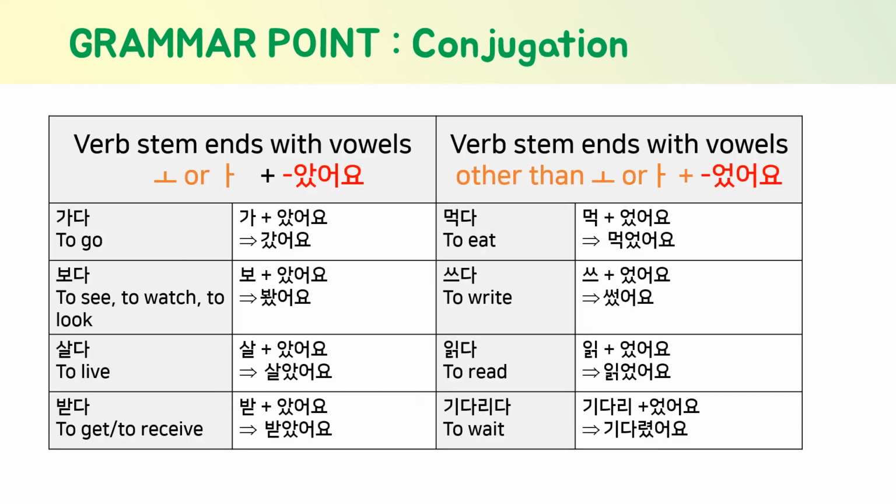So let's practice more with conjugation. Here, when the verb stem ends with vowel o or a, you add 았어요.